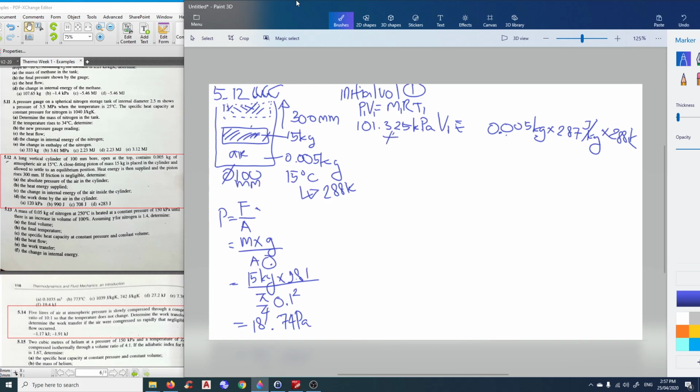So in here, the P, we have 18.74 multiplied by... I think to make life easier, I'm just going to convert the kPa to Pascal to make everything easier. I was converting kPa to Pa and Pa to kPa and doing it again. Sorry about that.